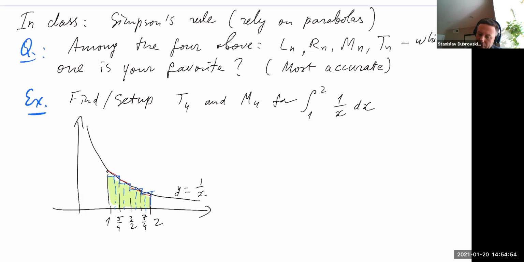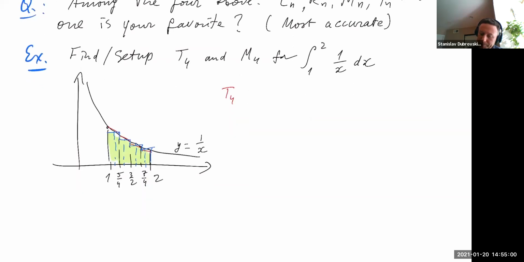All right, let's start with the trapezoid, so T4. Then we'll do the setup for M4. Maybe I'll leave you to finish the M4. Okay, so for T4, what is the formula? Do you remember?